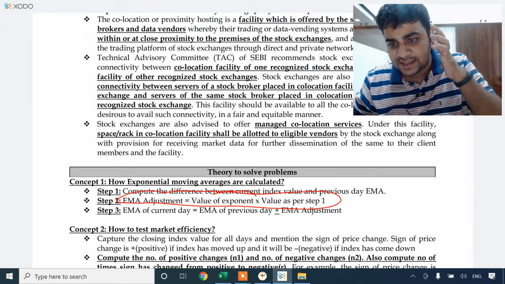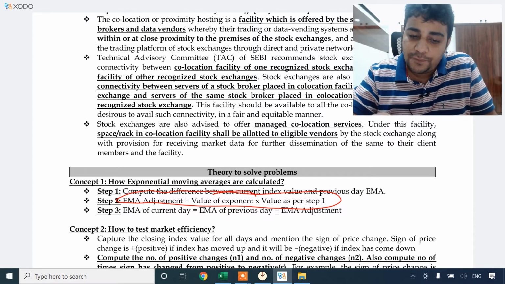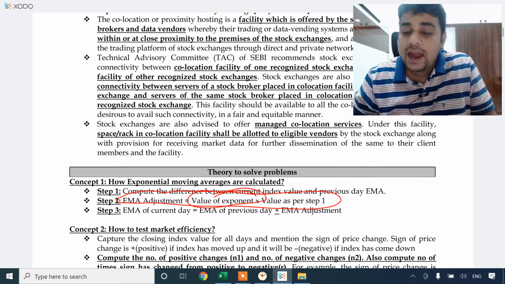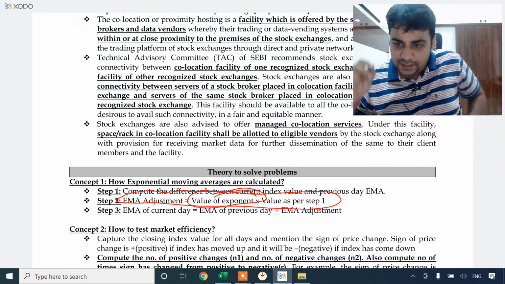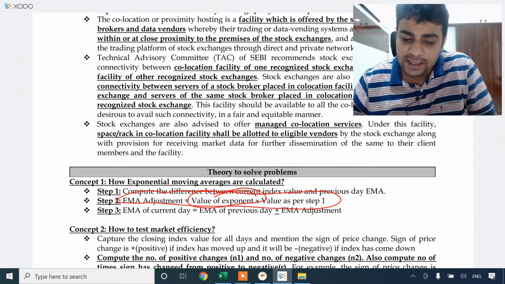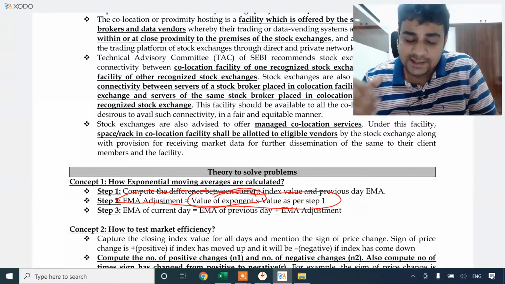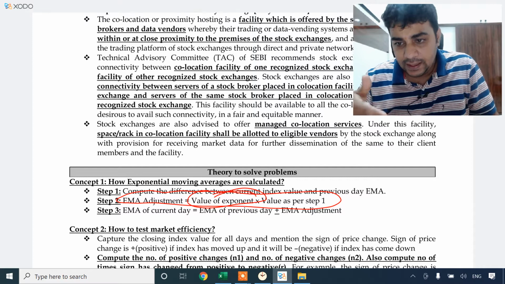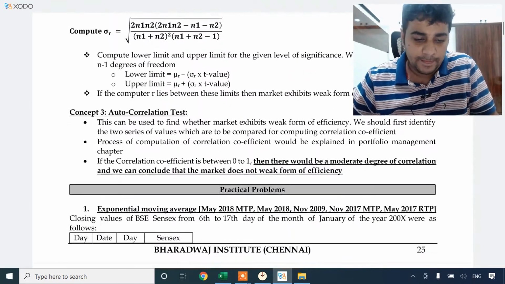You can take the Sensex data for the last 30 days and calculate the EMA adjustment. For that, you need the value of the exponent, which is given in the question, and the value as per step 1, which is the difference between the current index value and the previous day's EMA. The EMA adjustment can be plus or minus. If it's minus, you subtract it, and if it's plus, you add it. Let's look at the question.